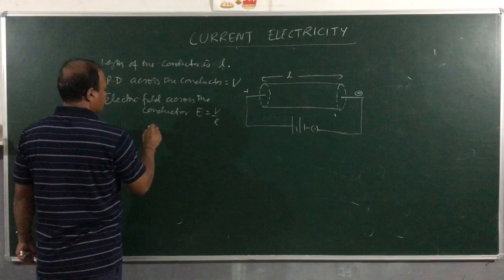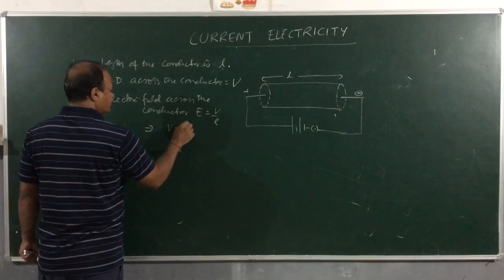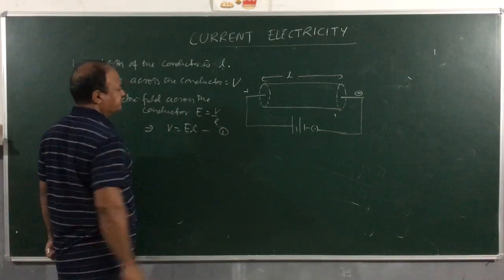V by L. So I can say from here that V is equal to E into L. This is equation 1.